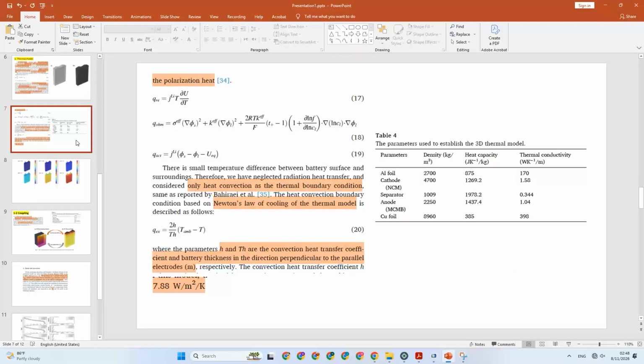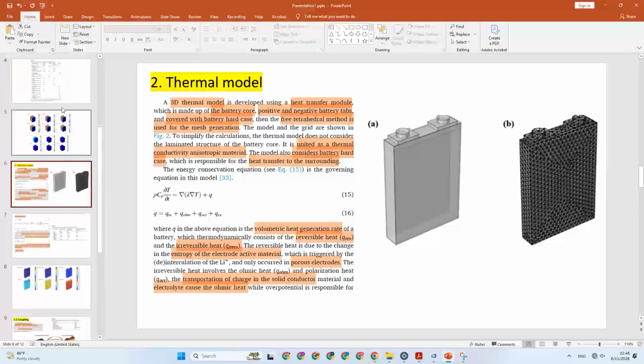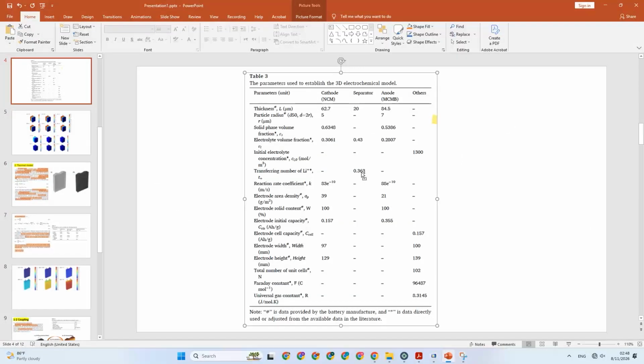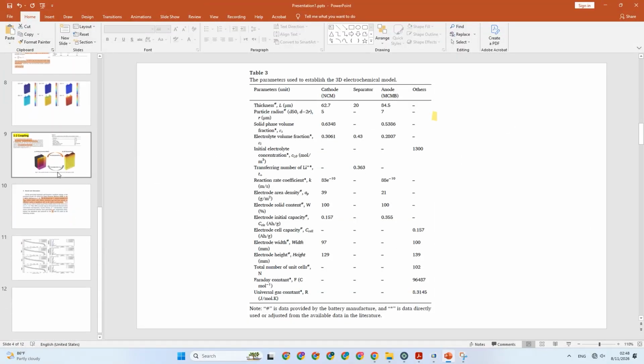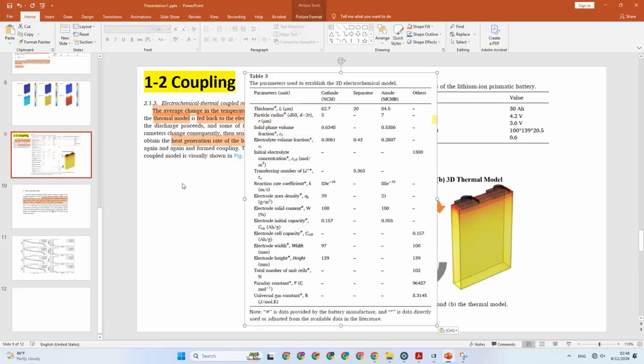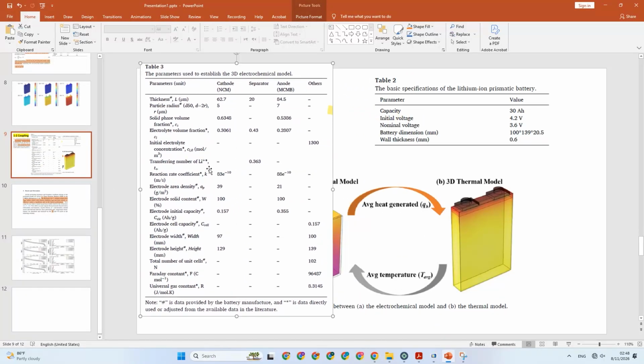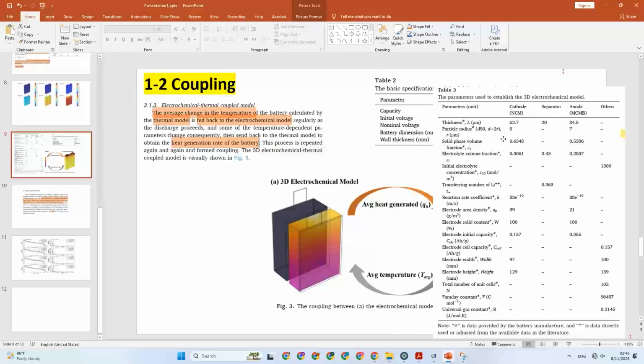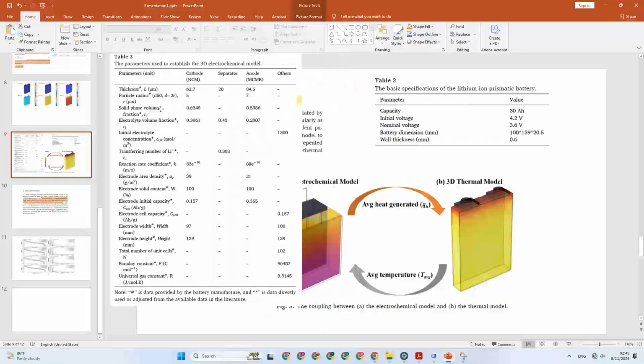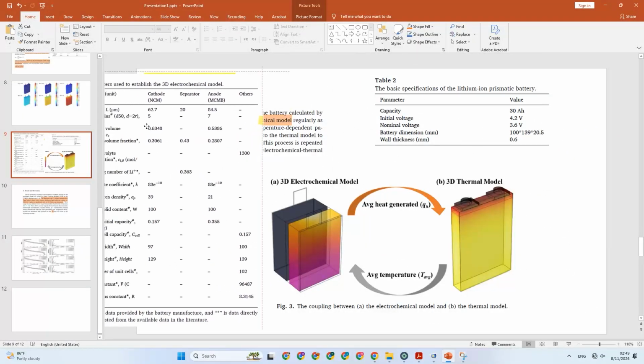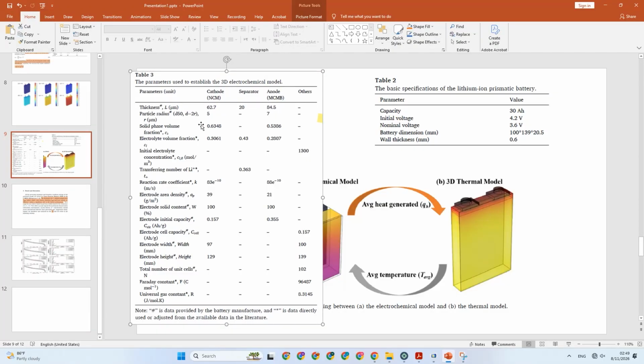But here we have a table that I can bring here. We have thickness for cathode and anode. The separator is so thin, so weird. Really, I don't know. Continue.